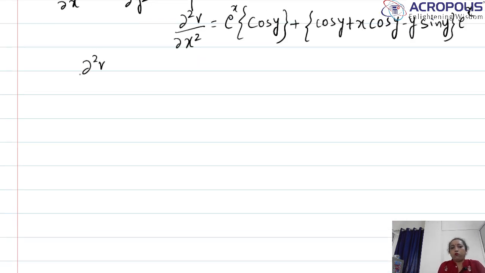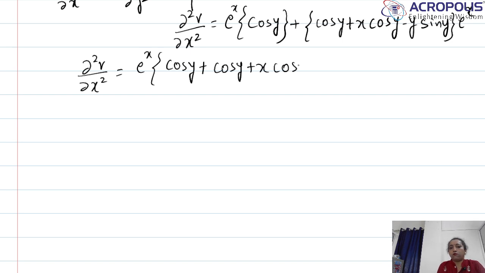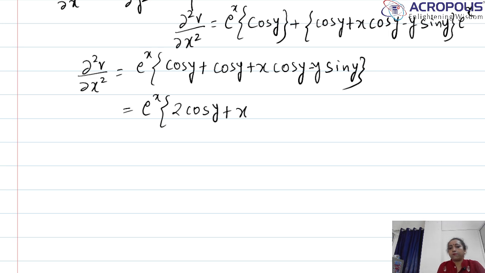So del 2 v by del x square is equal to e to the power x times (cos y plus cos y plus x cos y minus y sin y), which is e to the power x times (2 cos y plus x cos y minus y sin y).